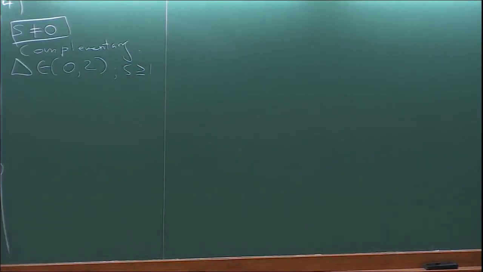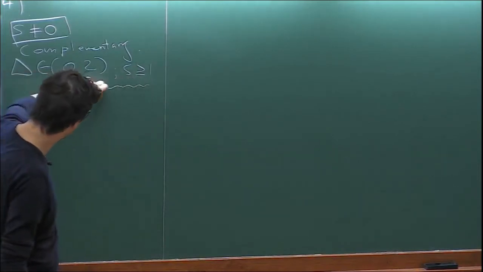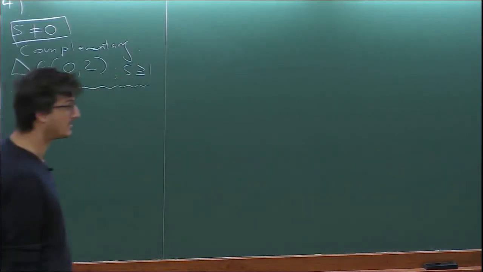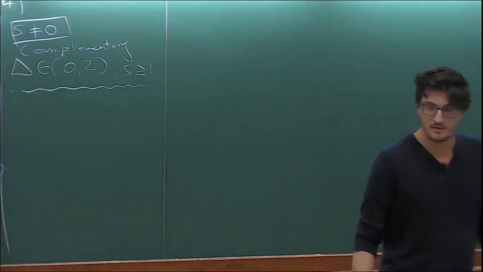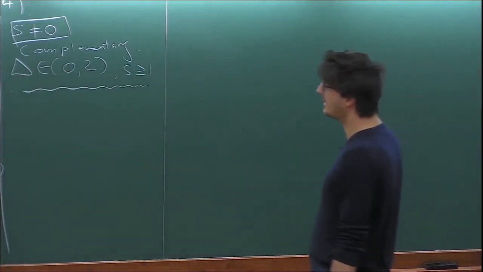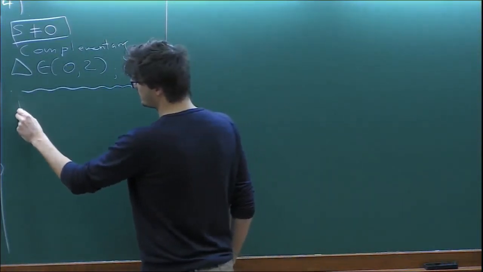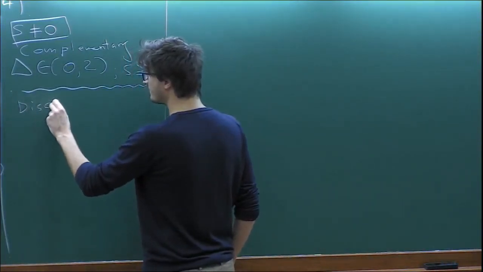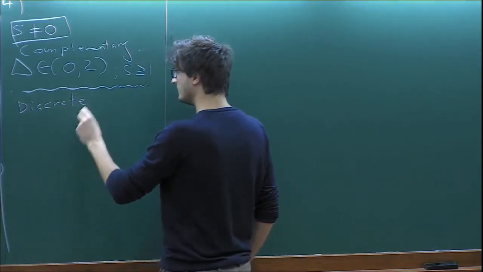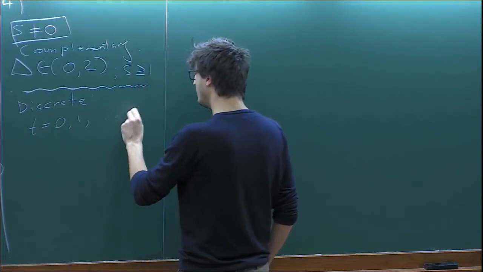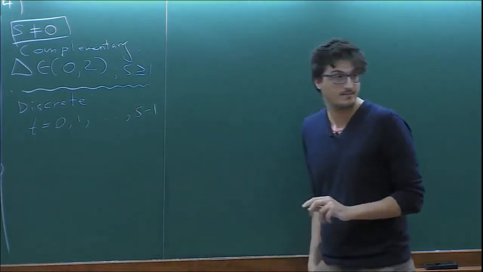And the discrete series, we can actually be a little bit more specific about. They come in a particular structure. It's useful to introduce a parameter, t, ranging from 0 all the way to s minus 1.